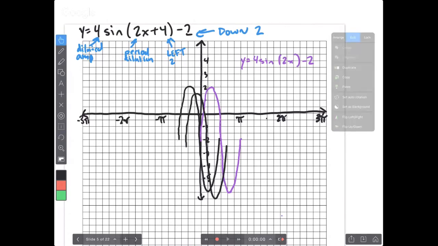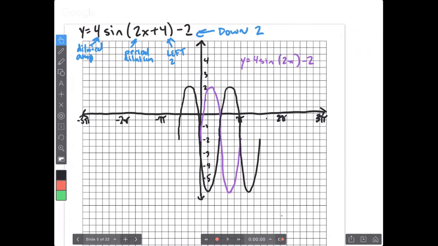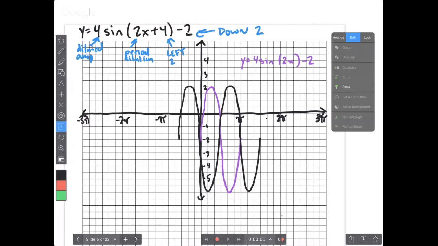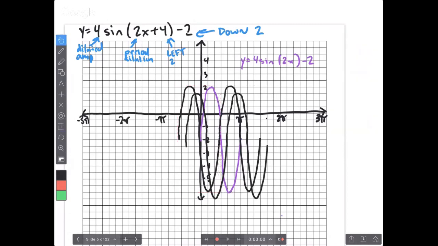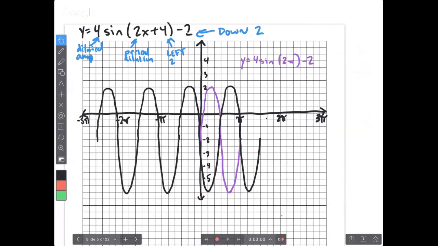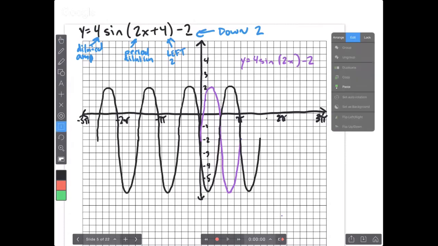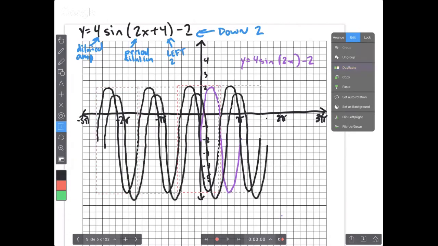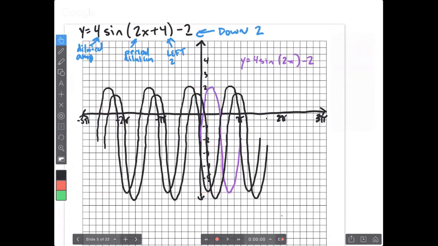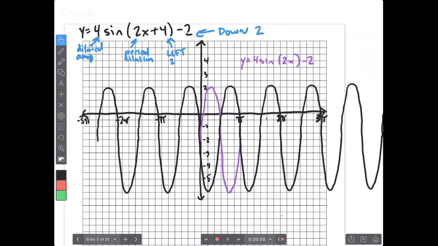And since I'm on an iPad, I can just copy it and have a whole curve. Cool.